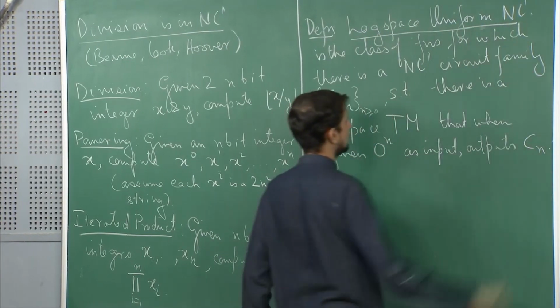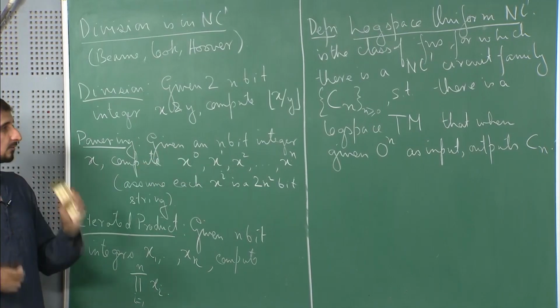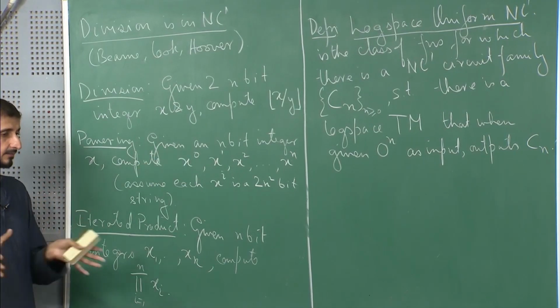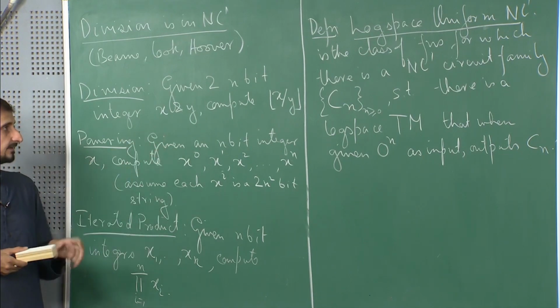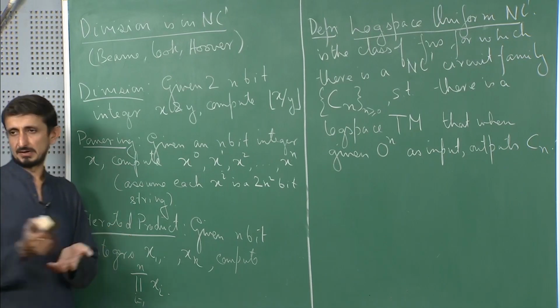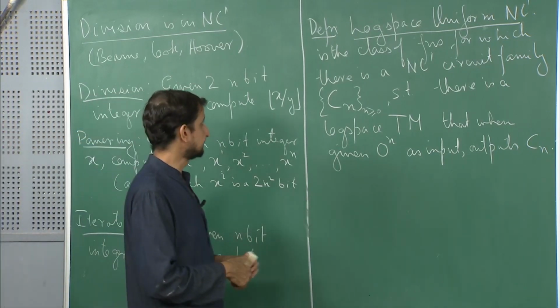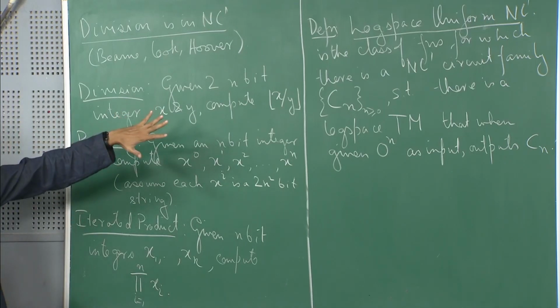So, this is what log space uniform NC1 is, and we will only be looking at NC1 for the next couple of lectures. That is why I have defined it in terms of NC1, but you can define log space uniform for any other circuit class as well. It is a similar definition. So, why are we talking about log space uniformity?